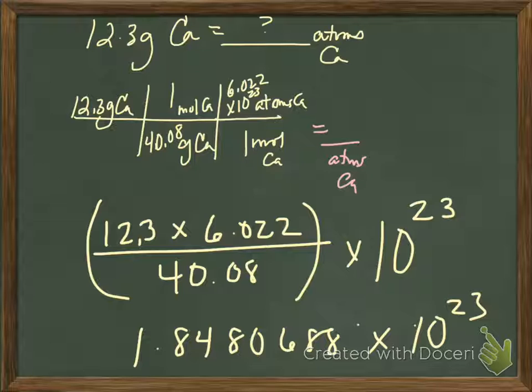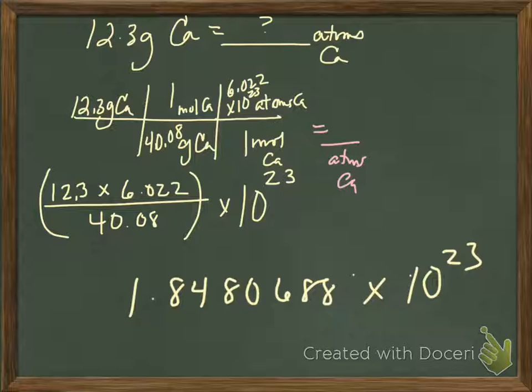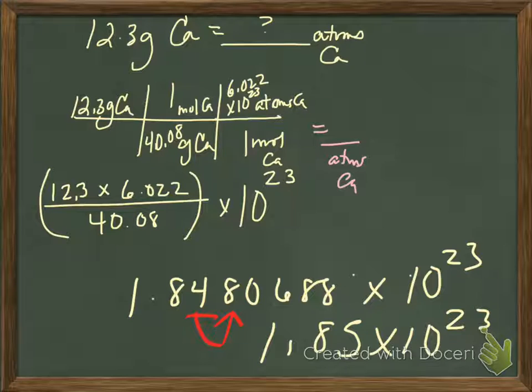So now, what we want to do is take our sig figs. How many sig figs can we have here? 3. And that means we're going to take this 4 and round it based on what follows. So our final answer is 1.85 times 10 to the 23rd.